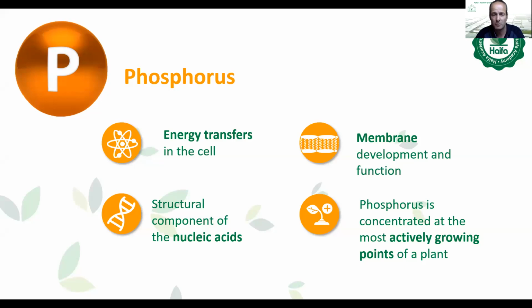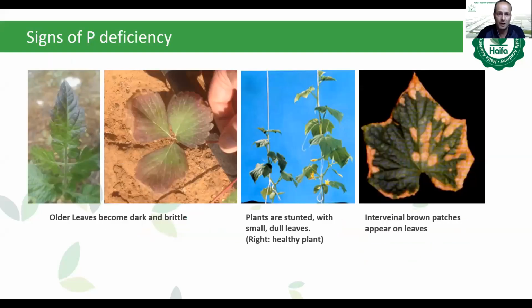I give you some extra information in the next slide, because this is one of the elements where we have some problems at the diverse pH levels which we see in the market. Also here, is it mobile or immobile? Well, what we learned in one of the first slides is that phosphorus is also one of the elements which is transportable, not very, but mobile in the plant.